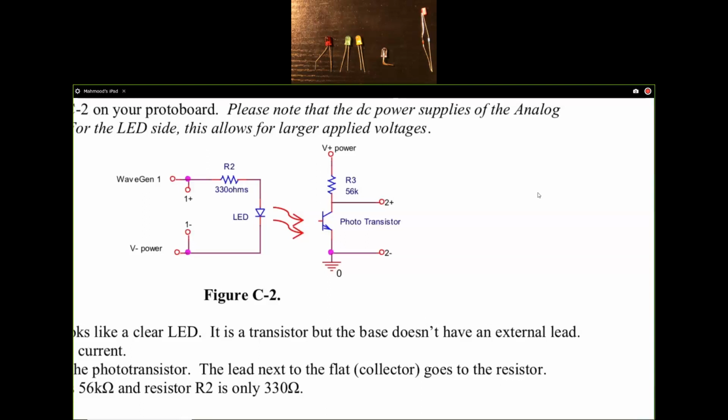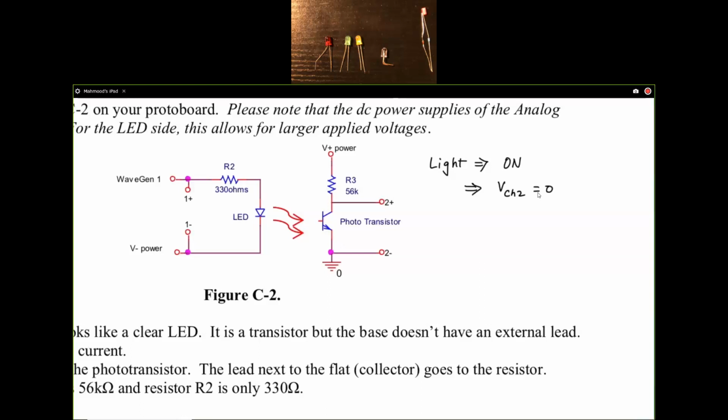In this case, what is going to happen? Well, when there is light, then the phototransistor is on, which means voltage measured on channel 2 should be around 0, because now the phototransistor is allowing current to pass through.